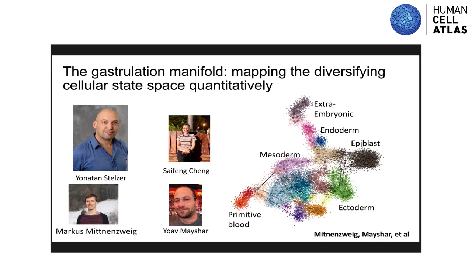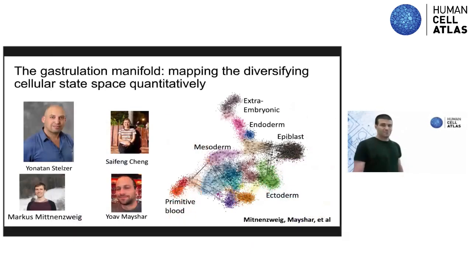We think of those as manifolds, and here is one manifold we were generating together with the Jonathan Stelzel group at Weizmann. Saif Cheng and Marcus and Yoav are the leaders here. For us, this manifold is a snapshot of a quantitative transcriptional cell state space. So each position on the atlas represents a distribution of gene expression.